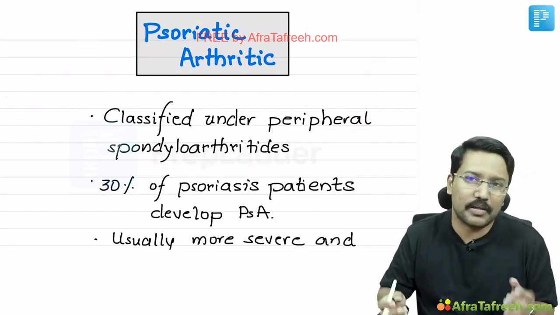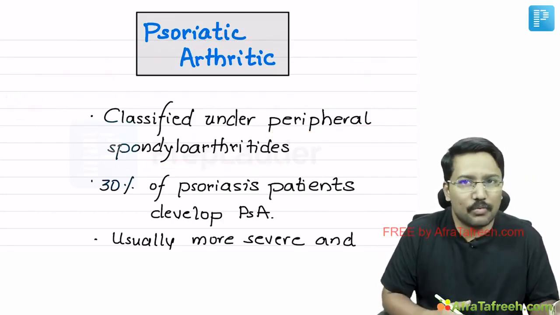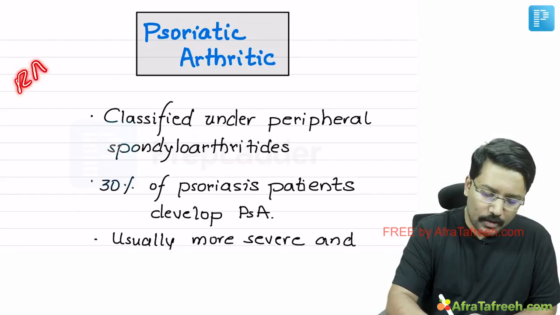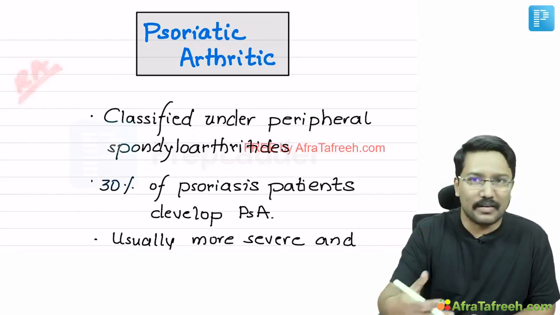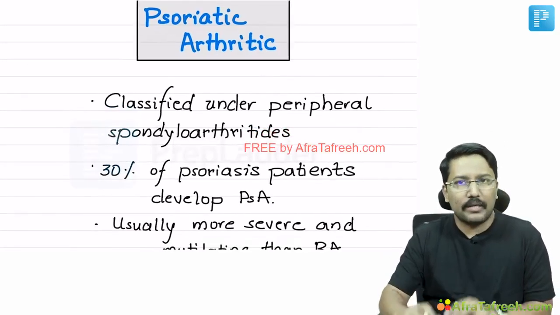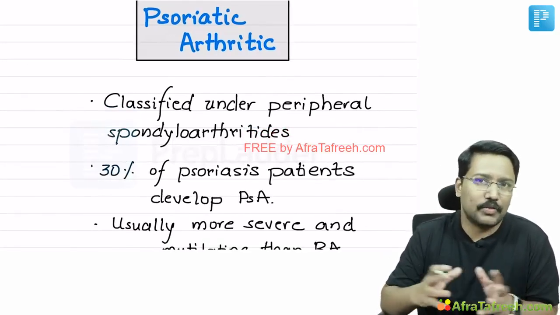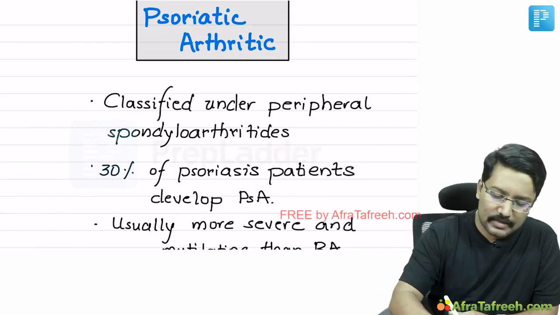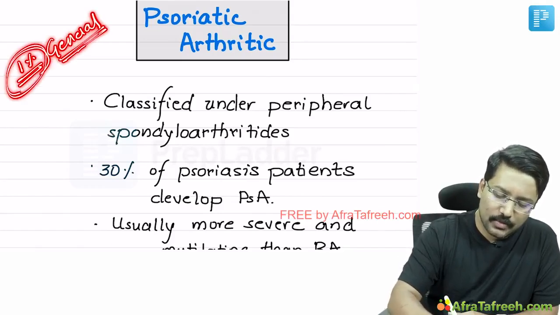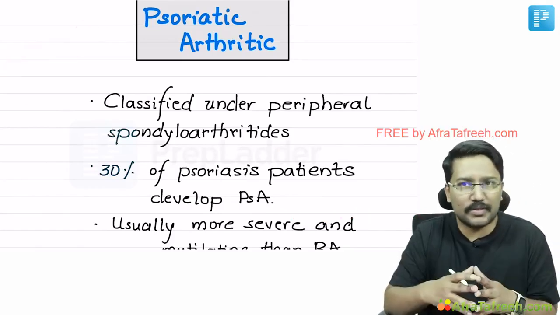And from that perspective, it resembles rheumatoid arthritis more than the other peripheral spondyloarthritis. So rightfully so, rheumatoid arthritis should always figure in as one of the important differential diagnoses. Now, if we see the patients of psoriasis, the epidemiology says 1% of the general population has psoriasis, so the prevalence of psoriasis is around 1%.